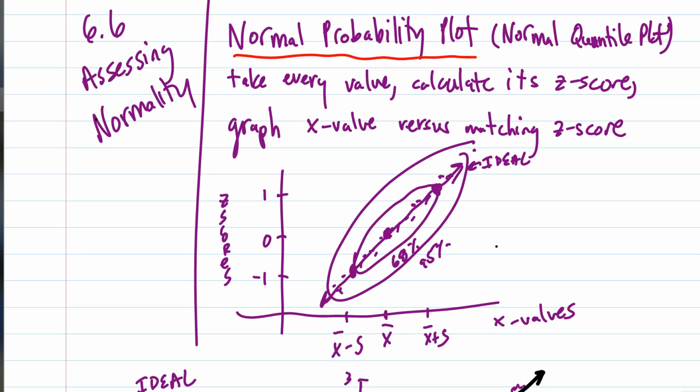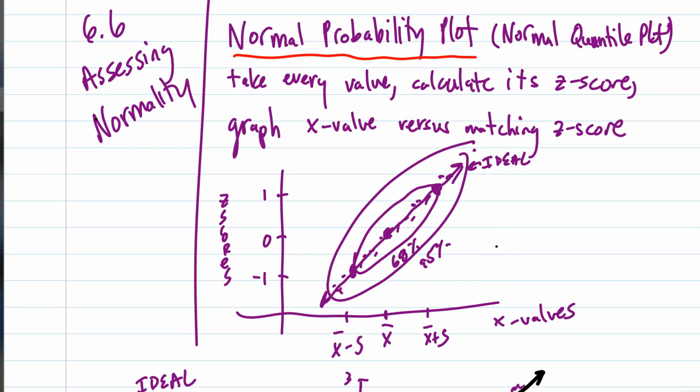We take every value, every x, we calculate the z-score, and we graph the x values versus the z-scores. If it's perfectly normal, you end up with a straight line with 68% of the data being within one standard deviation, 95% being within 2, and pretty much all the values being within 3.